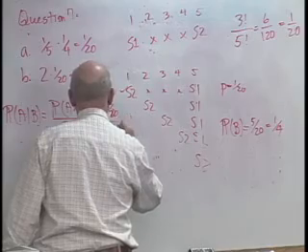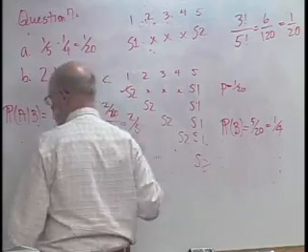The probability of B is 5 out of 20, and that's 2/5.